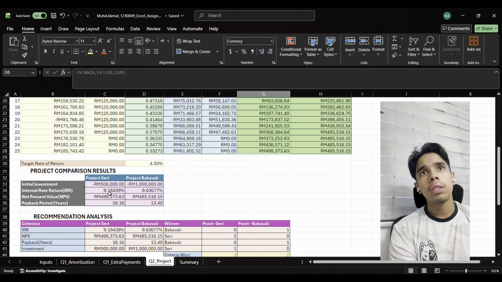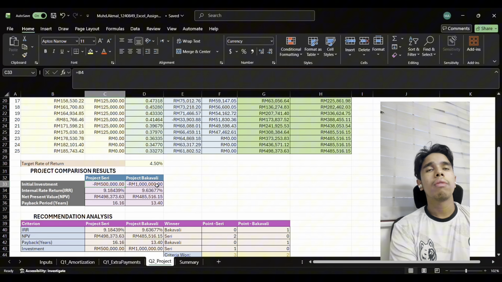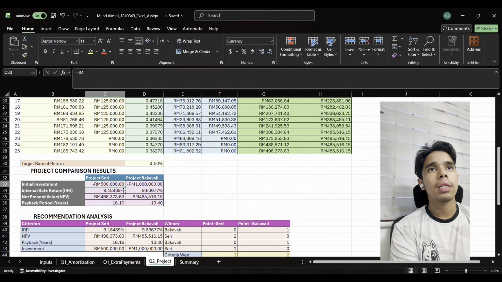So for initial investment, project Seri is negative 500,000, and project Bakawali is negative 1 million. So for IRR, we get project Seri 9.18436%, and project Bakawali 1.63677%.